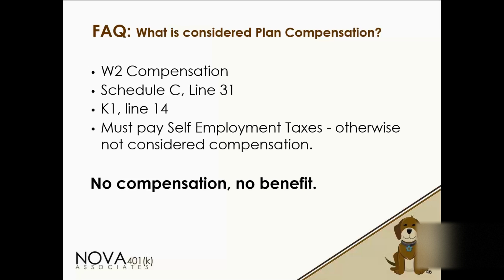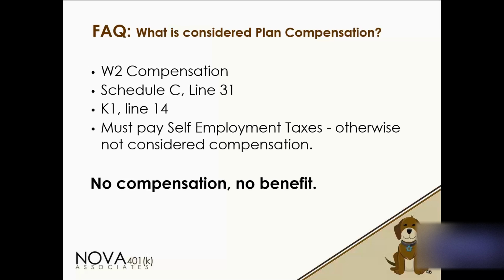And then we do have to have real pay for these plans. So what does that mean? Depending on your organization, it needs to be either W-2 pay or Schedule C, line 31, and that needs to be a positive number. K-1, line 14, same thing as well.